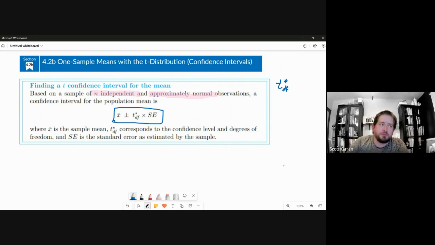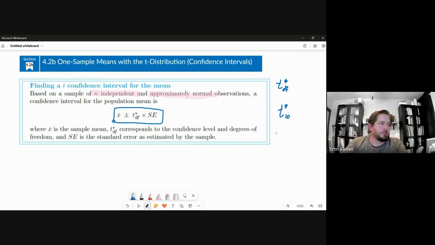So for example, if I have a t star of 10 degrees of freedom, you would see t star sub 10, right? And then that t star just depends on the area that you are interested in pushing to the tail, or the outside of the middle of your curve, right?